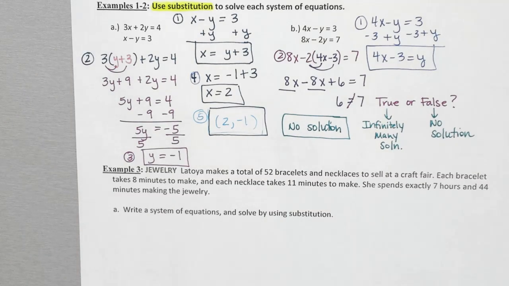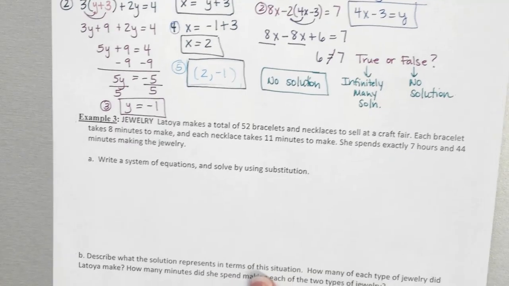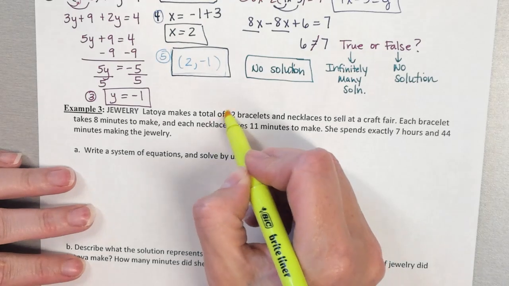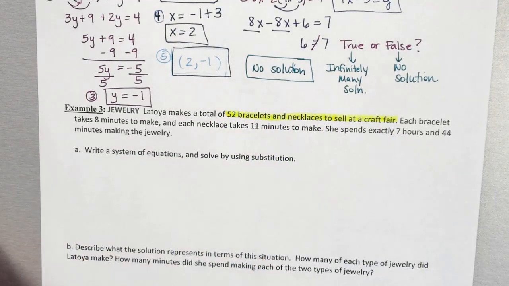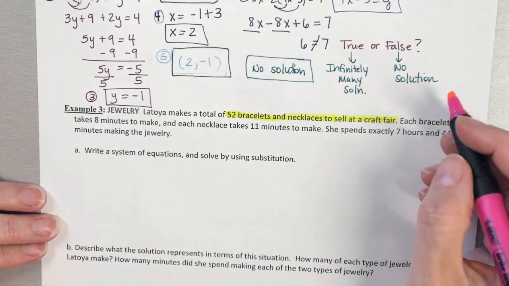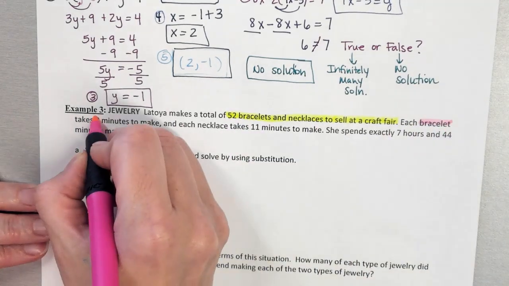Okay, and now we're going to apply this to real world problems. We're going to extend that. So Latoya makes a total of 52 bracelets and necklaces to sell at a craft fair. Okay, and then it says each bracelet takes 8 minutes to make. So the bracelet takes 8 minutes.